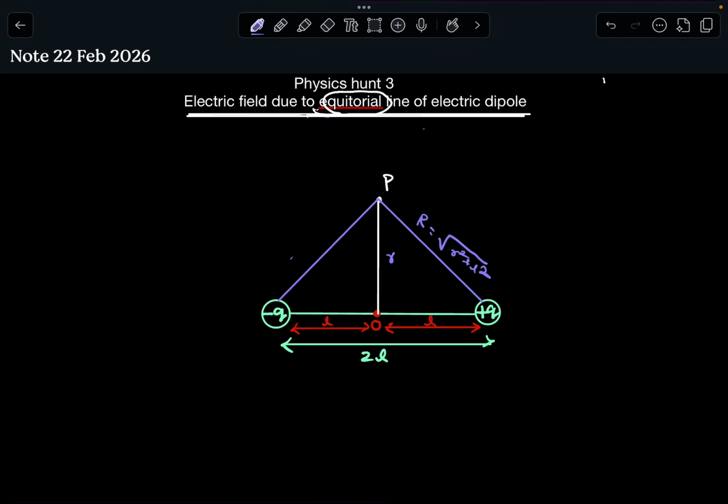Now I'm going to calculate the electric field at point P due to the positive charge as well as the negative charge, and discuss one by one. First of all, the electric field at point P due to the positive charge, which is always acting in the outward direction, let us assume is E plus. I'm going to write in sentence formation.